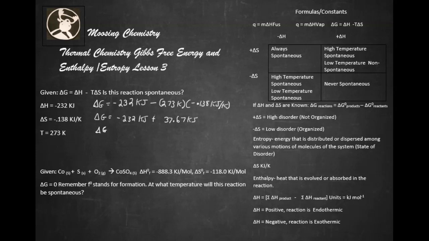Delta G is negative 194.3 kilojoules. All right, so let's see here.